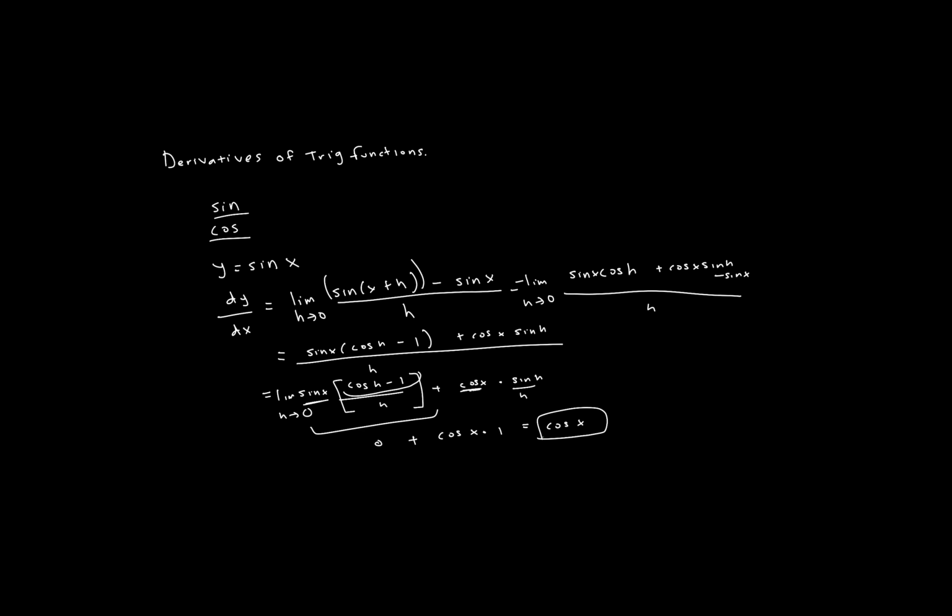Now let's go to the derivative of cosine x. Say we have a function y is equal to cosine x, and we proceed pretty similarly, and I'll just give it to you: it's minus sine x.